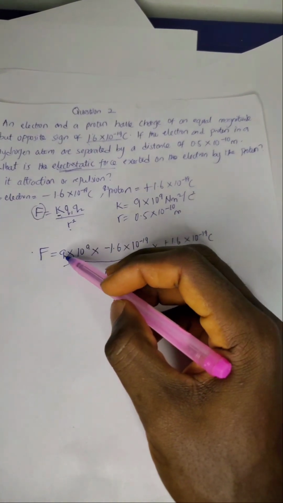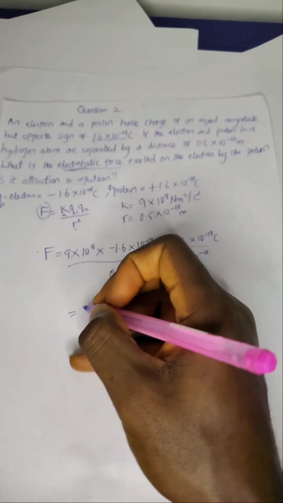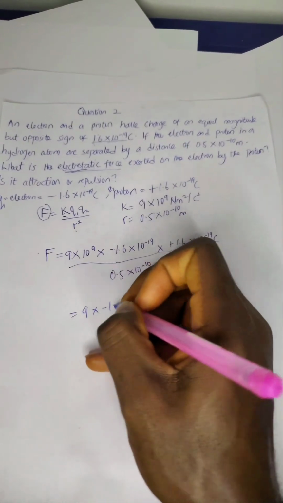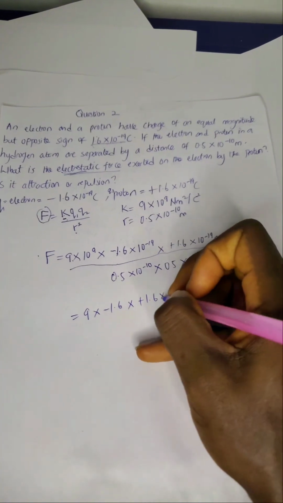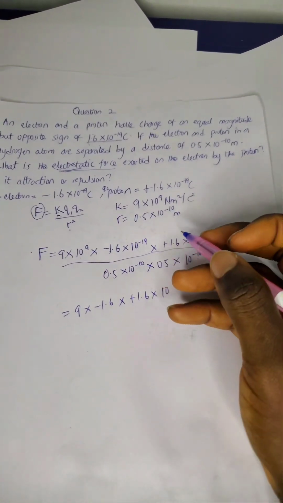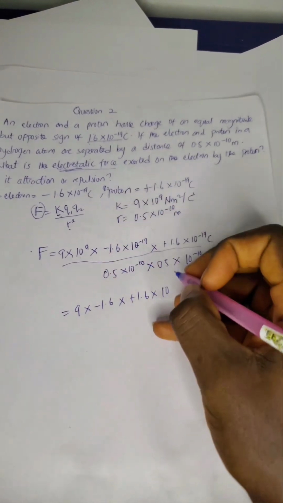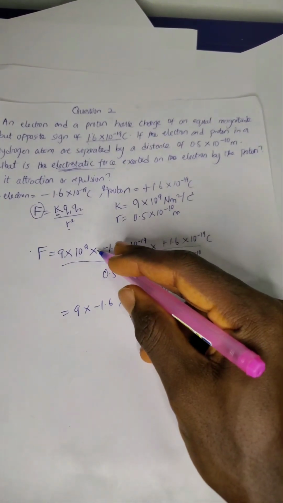You can just take this and group them: 9 times minus 1.6 times plus 1.6, and the tens, I take one, since it's indices, it will be 9 plus, because multiplication in indices is plus.